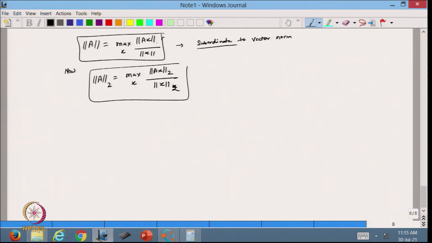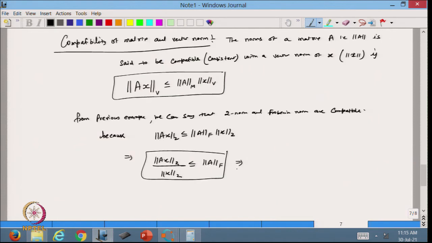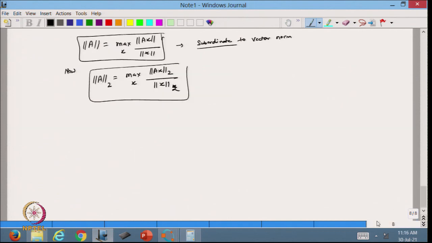Whatever vector norm I am taking, based on this one I can define the matrix norm, as we have seen in the case of the Frobenius norm, which we have taken with respect to 2. Now, from that idea I want to see what will be the 2 norm of a given matrix with respect to the 2 norm of a vector. So this is the definition of a norm. Let us see how we can find this one.